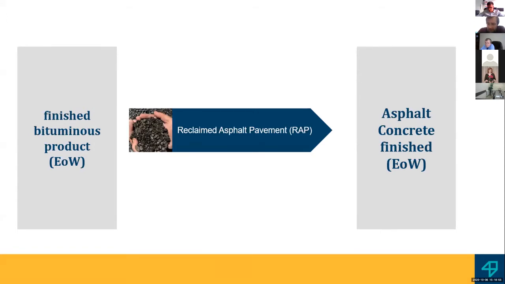Okay, in particular, the reclaimed asphalt pavement that has an oxidized bitumen could be mixed with some rejuvenating agents to restore the original structure of the bitumen. And all these are circular economy processes.